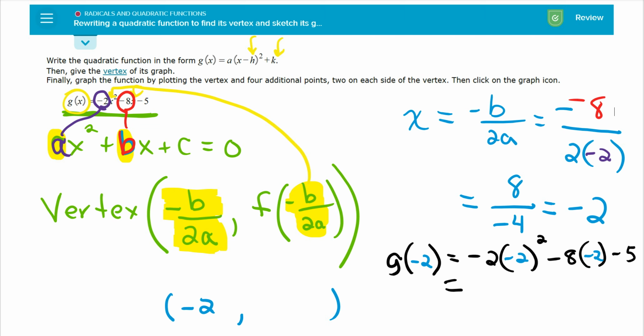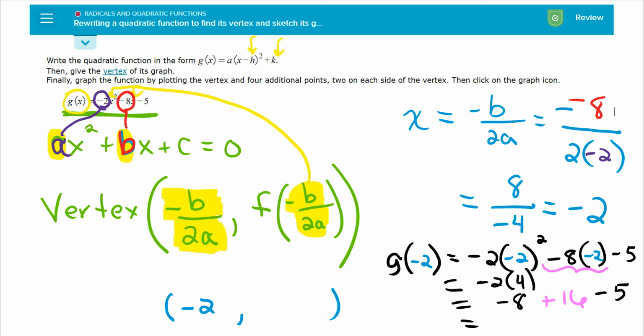And so let's see, order of operations says do the exponent first. So negative 2 squared is positive 4. And then I'll do the multiplications next. Negative 2 times 4 is negative 8. And then right here, I've got a minus 8 times a minus 2. That's going to become a plus 16. And then I still have the minus 5.